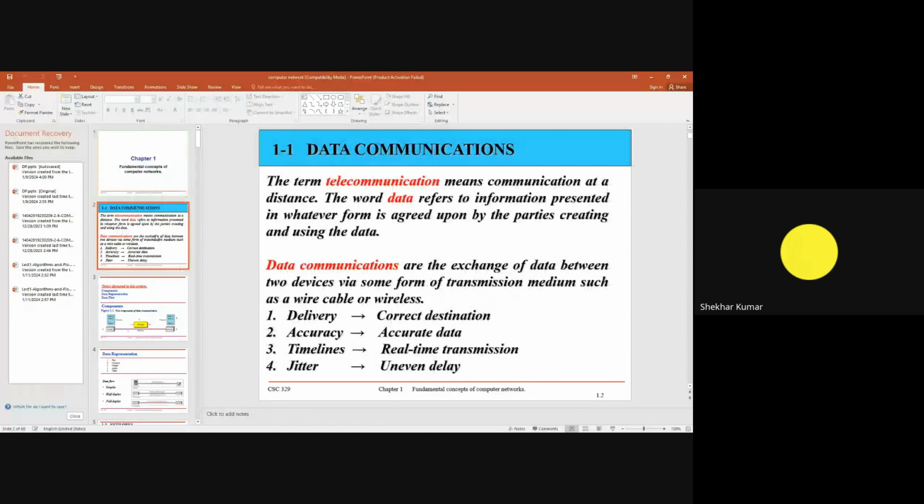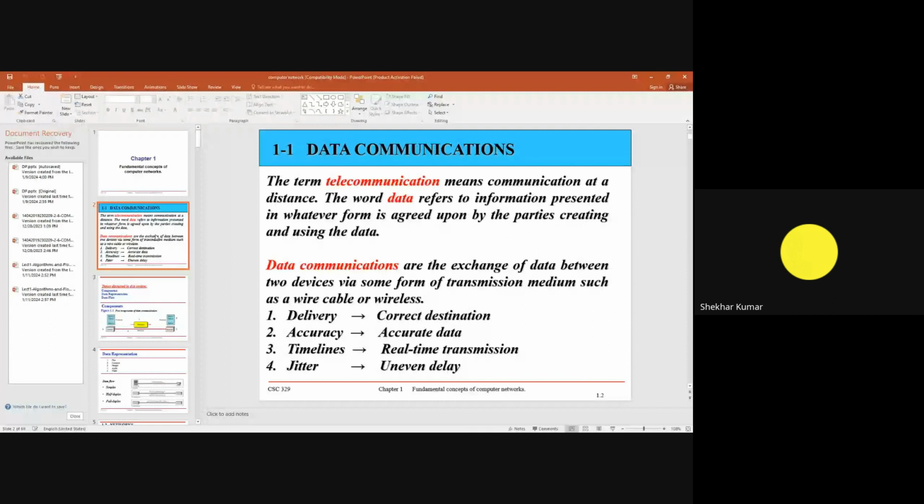So next, data communication. What is data communication? The term telecommunication means communication at a distance. You want to communicate at a distance, so we are using computer network, because we are not in the same place. One is in one place and another in another place. You are in Afghanistan, I am in India.